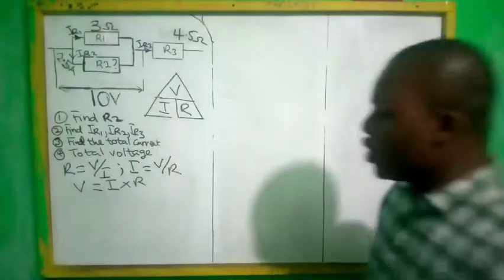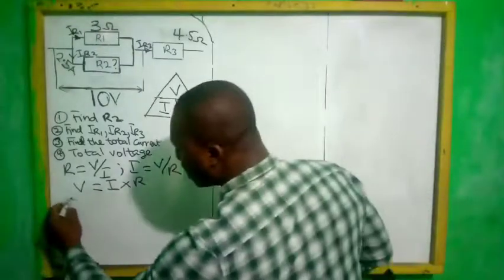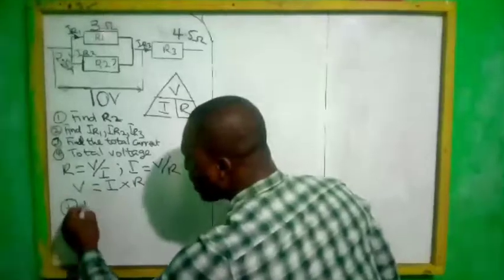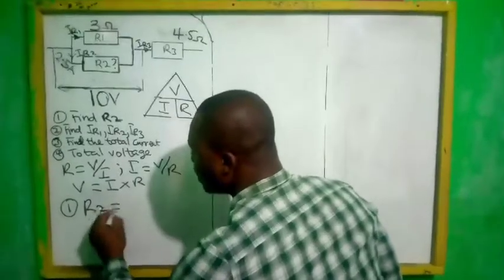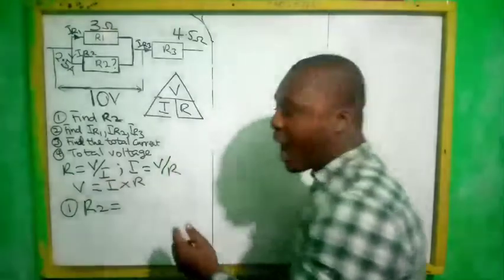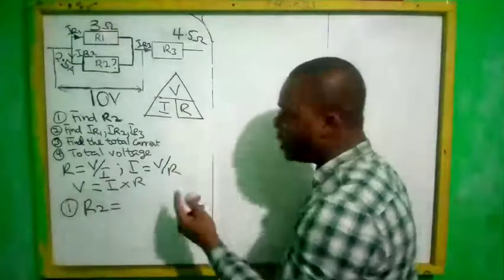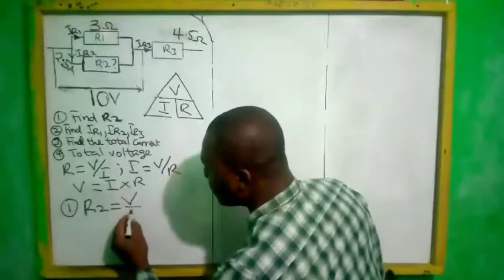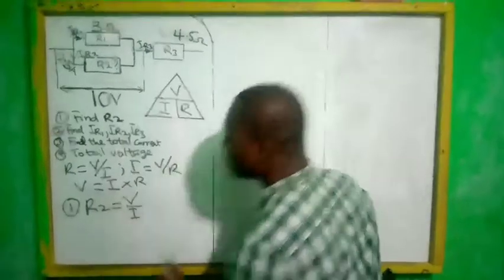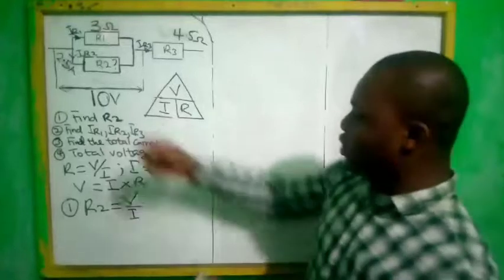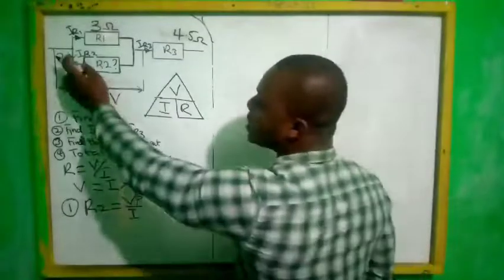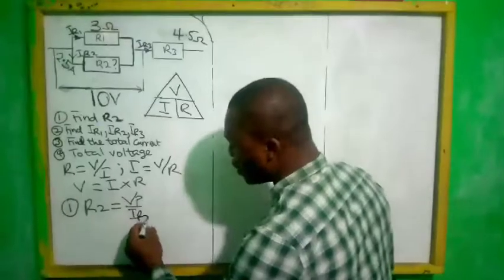We'll use them. So here we say number 1, find R2. R2 is equal to V over I, the formula we derived from the Ohm's law triangle. And the V here is the parallel voltage over the current in R2.